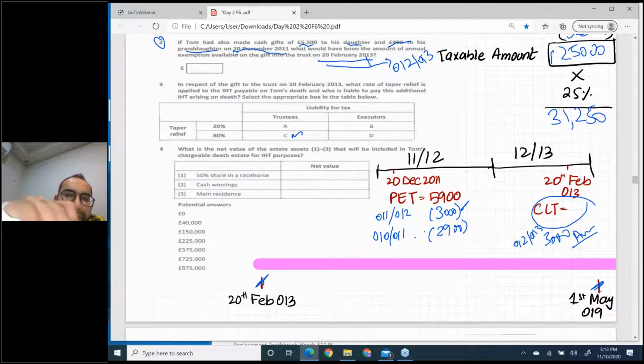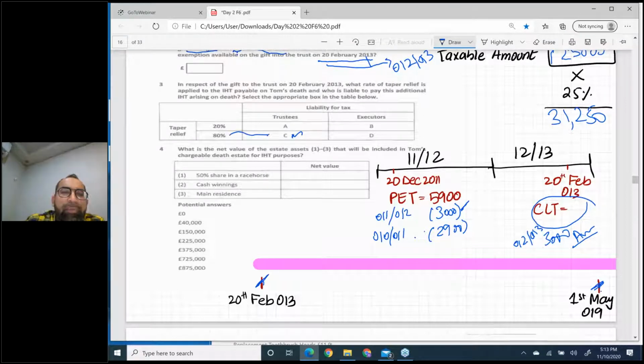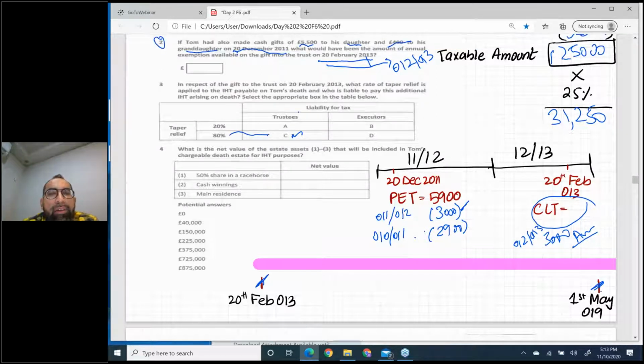The row is 80% and the column is trustees. Okay, so who is responsible for paying additional IHT on CLT? The trustees. So for question number 3, your answer is C.